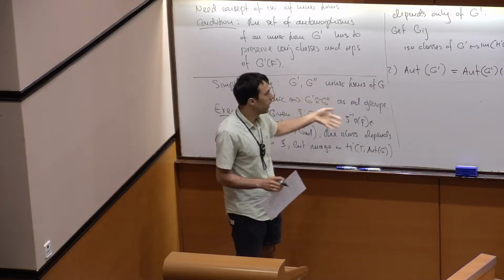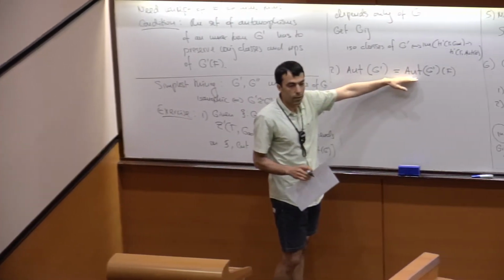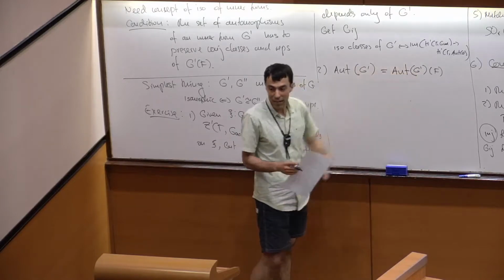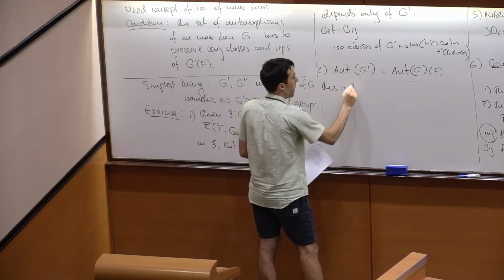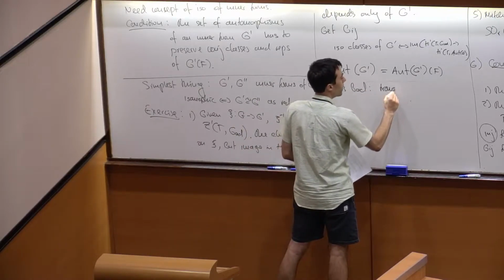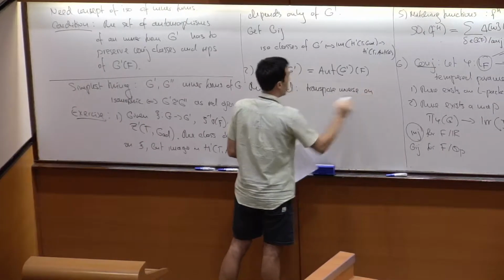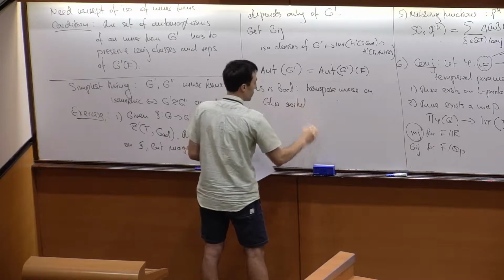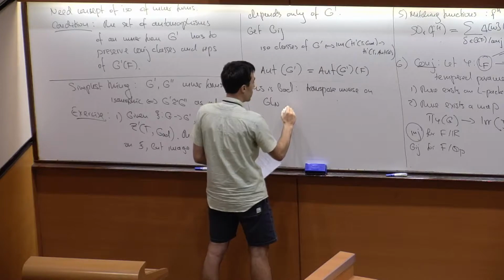I've kind of ignored the inner twisting. Well, these are just the F-points of the automorphism group of G'. Now that's obviously bad. For example, transpose inverse on GL_n does not preserve conjugacy classes or representations.